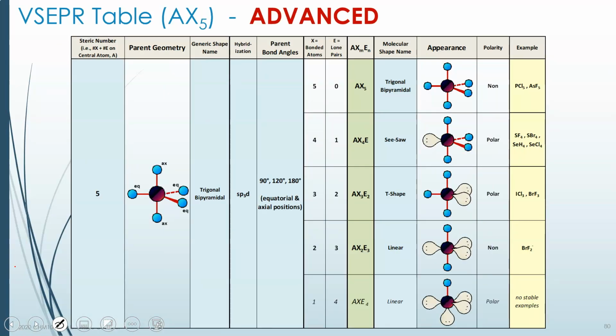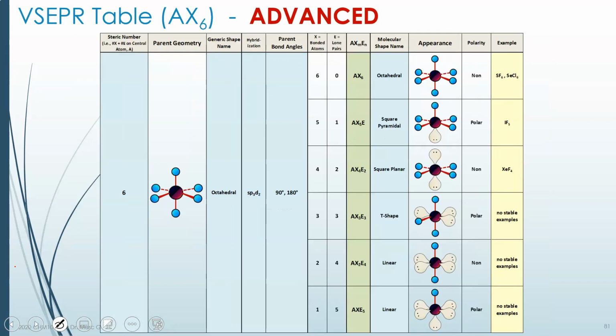If you're interested, here's what happens when you have 5 ligands. We tend to see these with metal complexes. And here's what happens when you have 6 ligands, 6 outer atoms. You also see these in metal complexes, typically complexes with transition metals or inner transition metals.